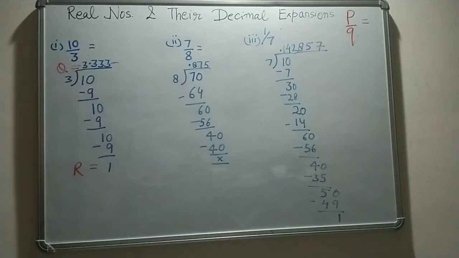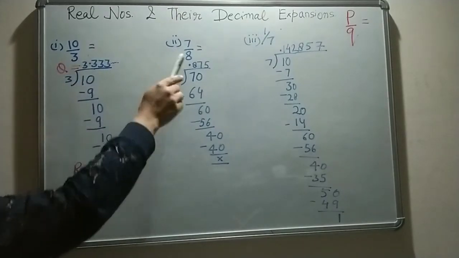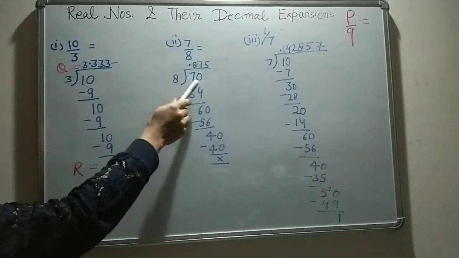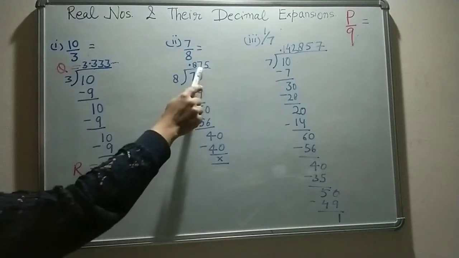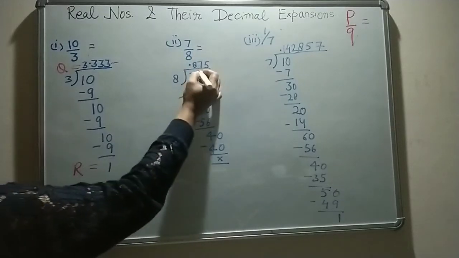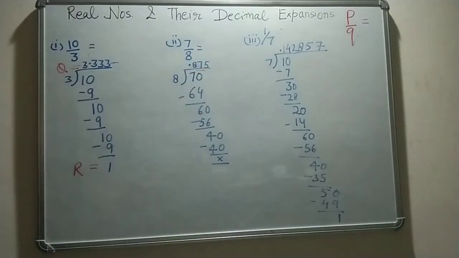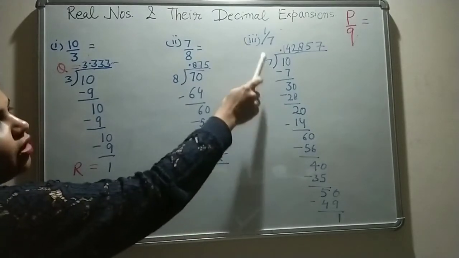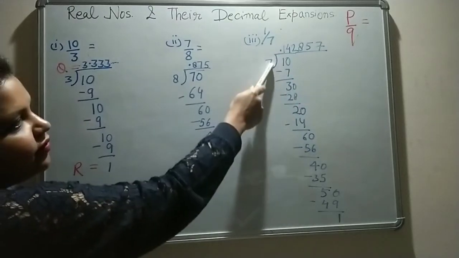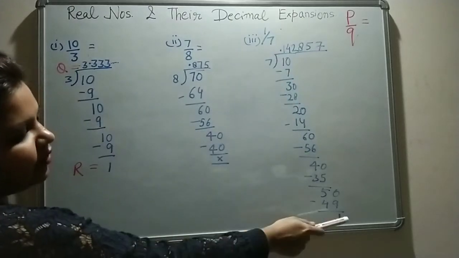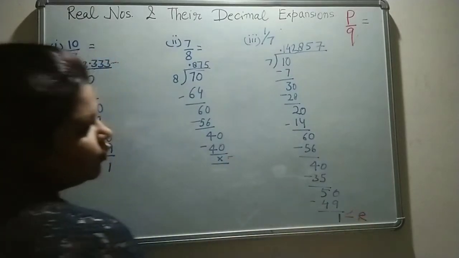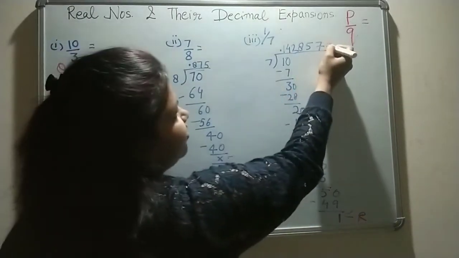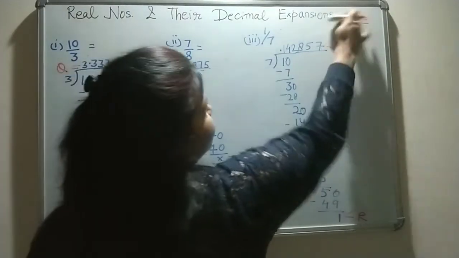In the same way, when we solve 7 by 8, 7 cannot be divided by 8, so we put a decimal. After that 0 keeps on coming in, then we solve it and we get 0.875. Over here, when we solve 1 by 7, we keep on doing it and get a remainder of 1, while all these numbers are the quotient.